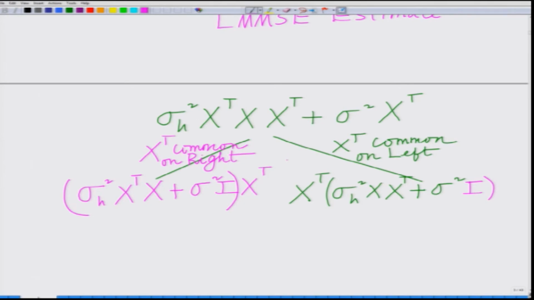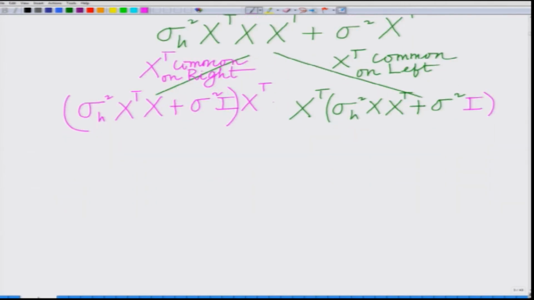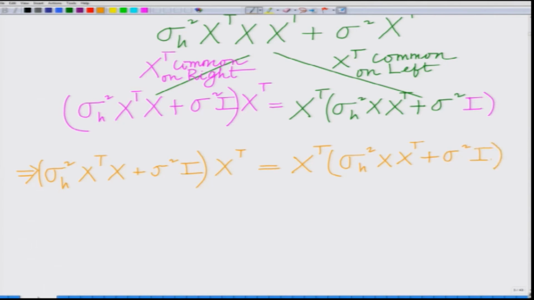times x transpose. Naturally, since both these quantities are derived from the same quantity, these two quantities are equal. Let me write this clearly: I have sigma h square x transpose x plus sigma square identity into x transpose equals x transpose times sigma h square x x transpose plus sigma square identity.